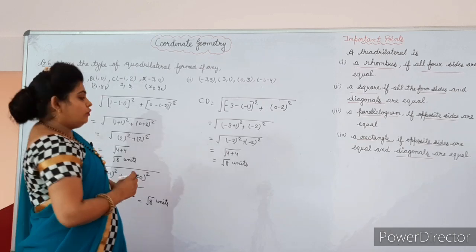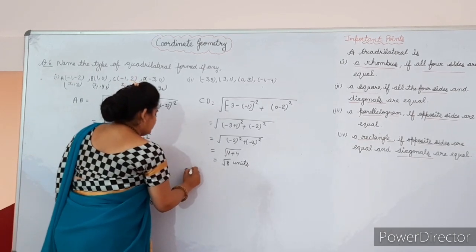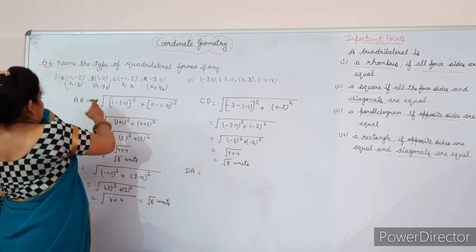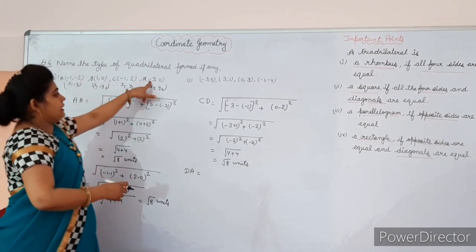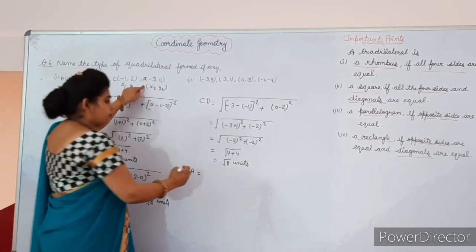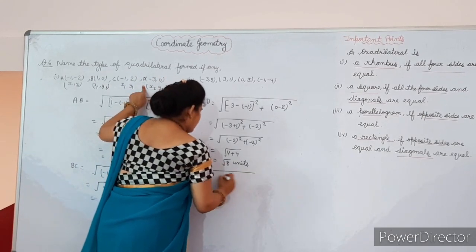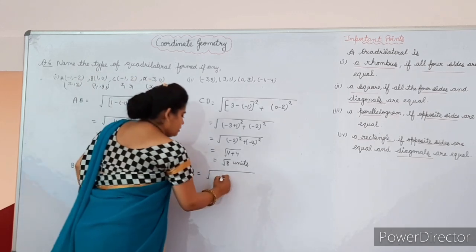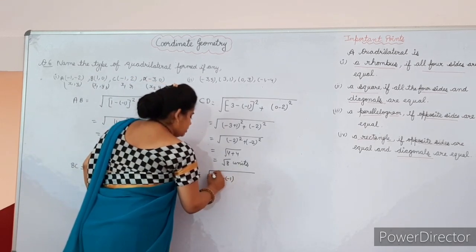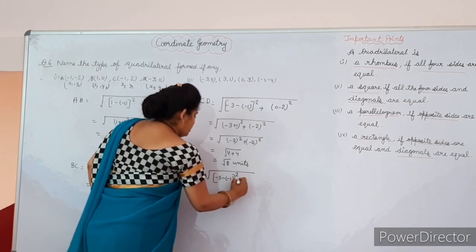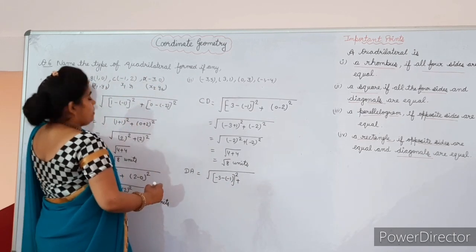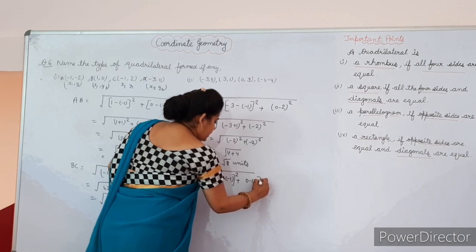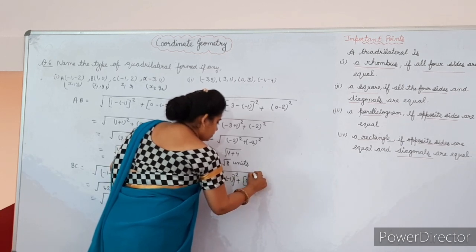After this we will find DA. For DA, let it be x1, y1, x2, y2 means minus 3, minus 1 minus 1 whole square plus 0 minus 2 whole square.